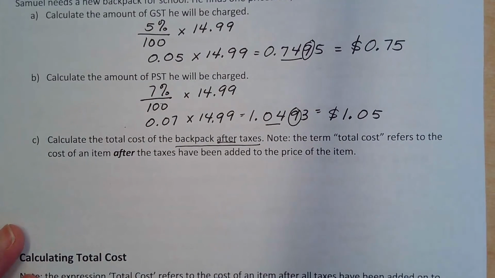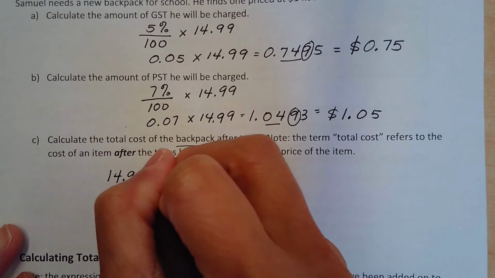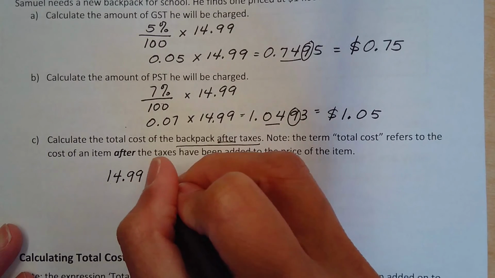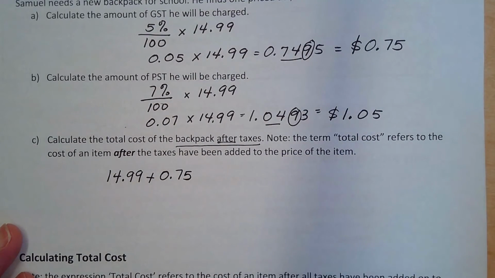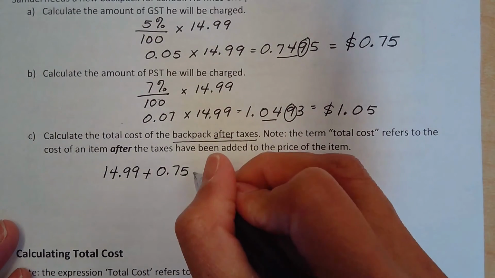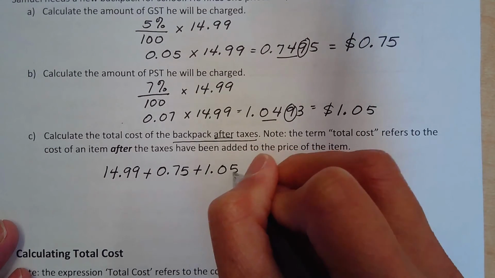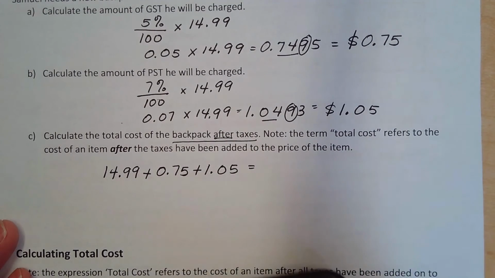So we paid $14.99, and then 75 cents for GST, and also $1.05 on PST.